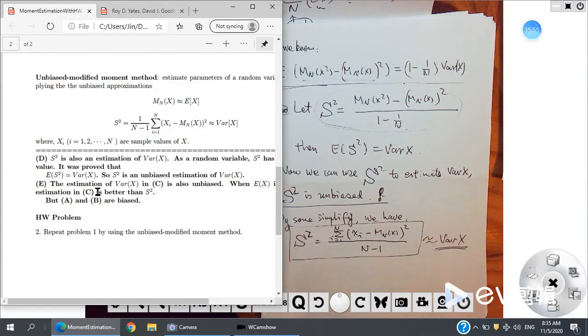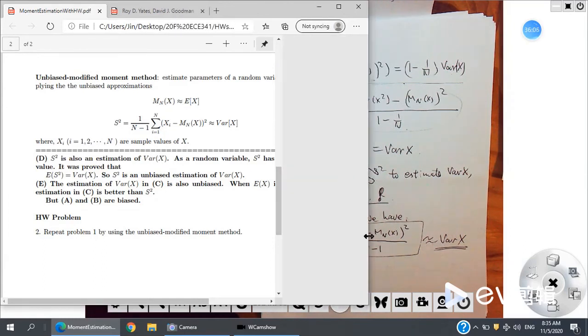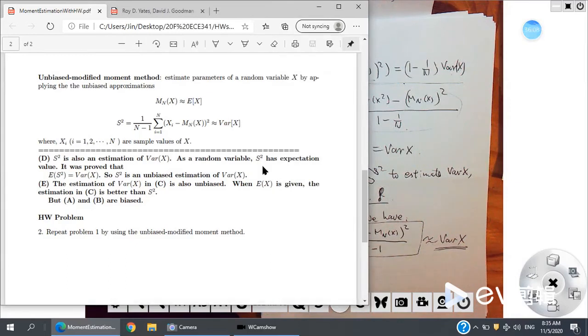Okay. So here I state that S squared is also an estimation of the variance of x, and S squared has an expectation value, and it can be proved that they are the same. So S squared is an unbiased estimation of the variance of x.